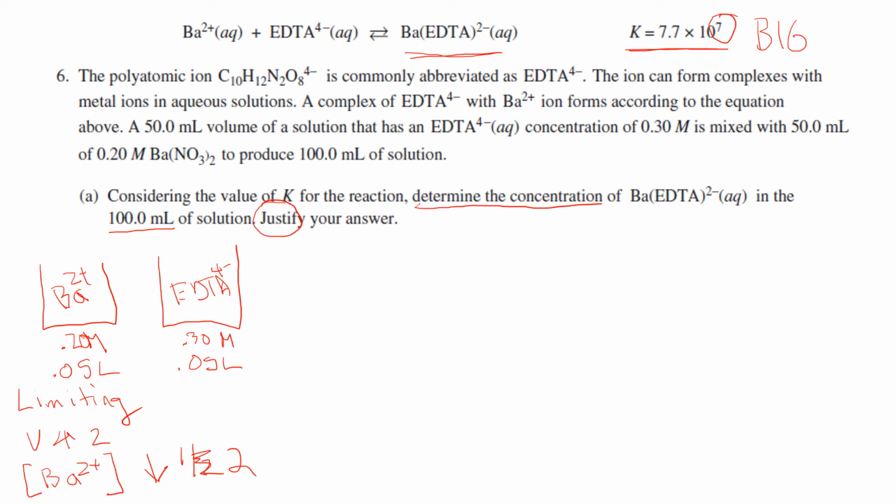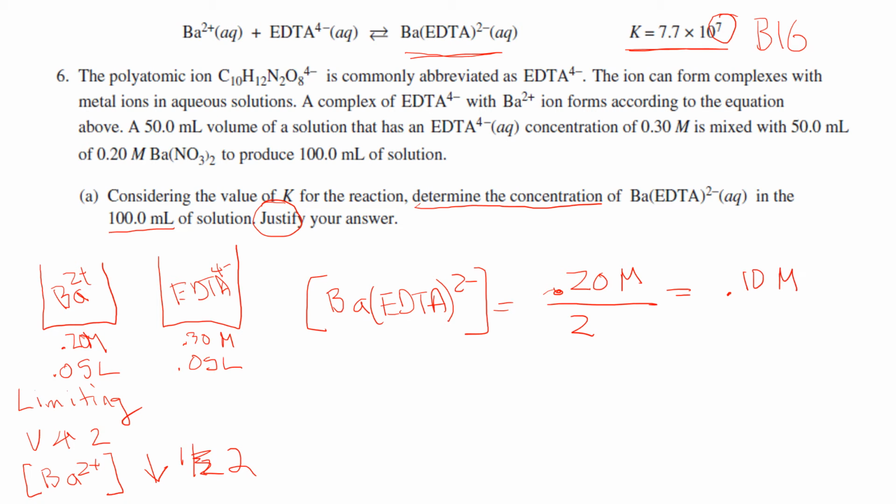Since that's controlling how much product is made, the concentration of my complex ion is going to be the concentration that I start off with, going down by half. So the concentration is going to be 0.10 molar. Okay, and that gives you a justification of that answer.